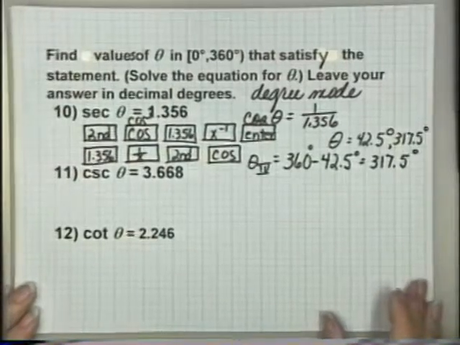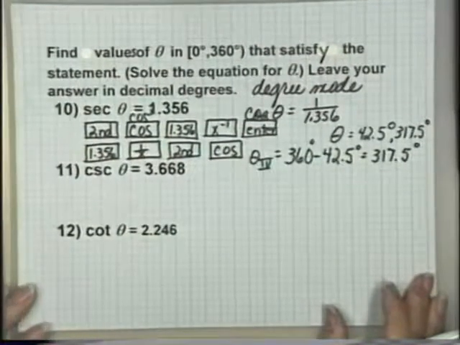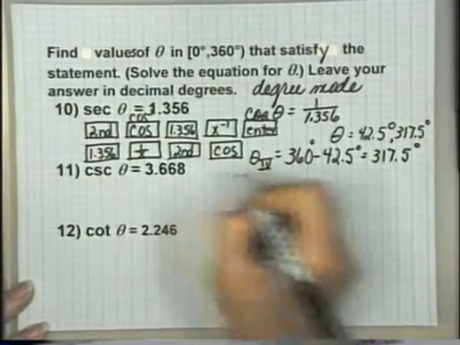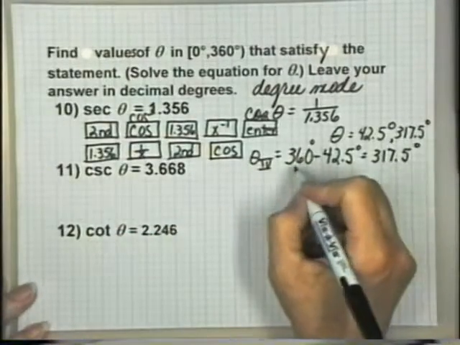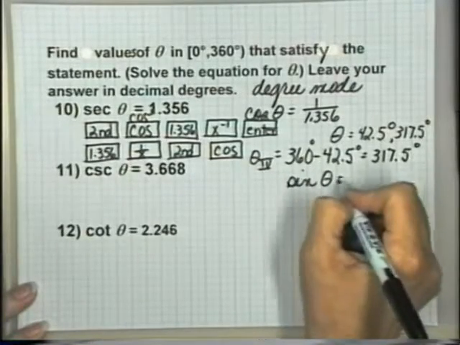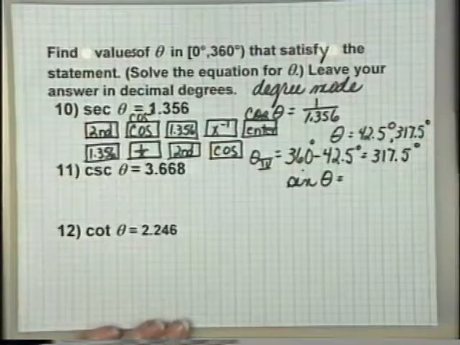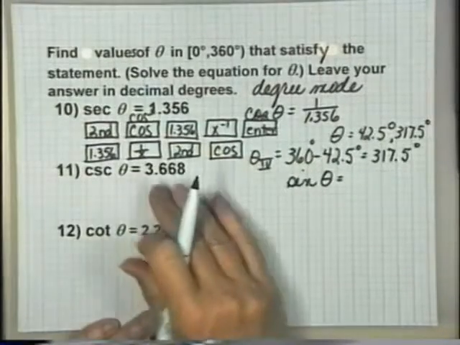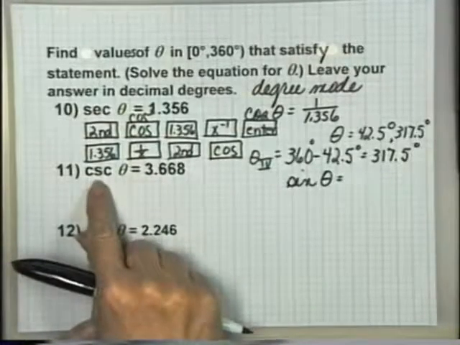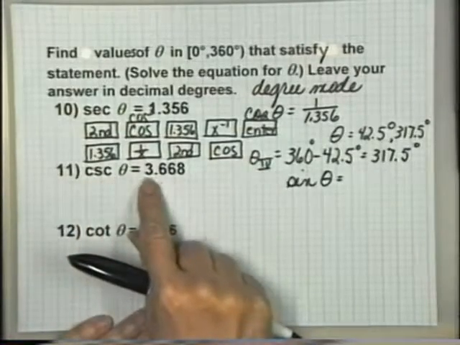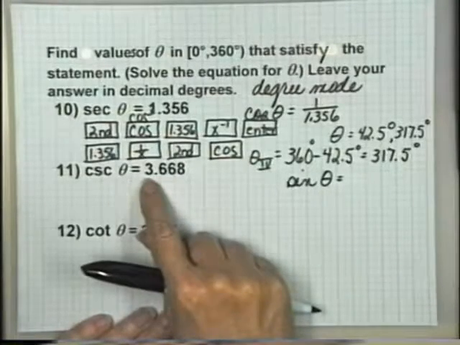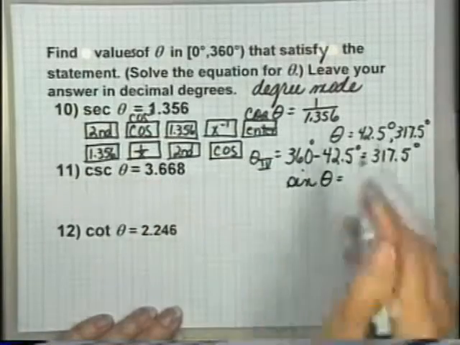Let's look at this problem 11. Cosecant of theta equals 3.668. The thought will be here that if we know the cosecant of theta equals 3.668, then we know the sine of theta is the reciprocal of 3.668.